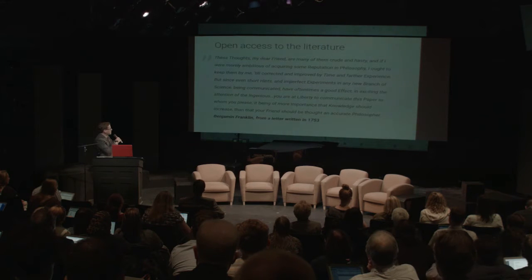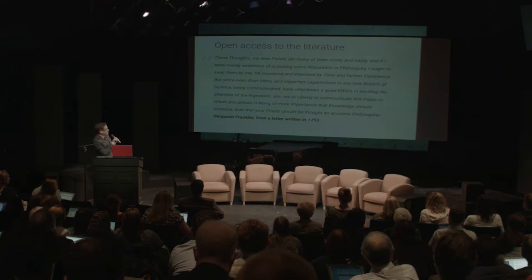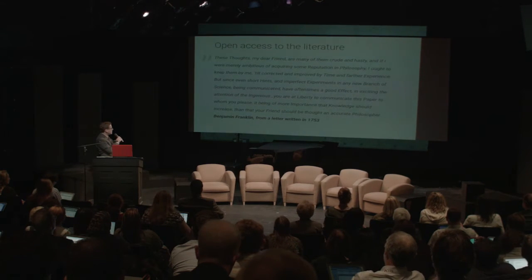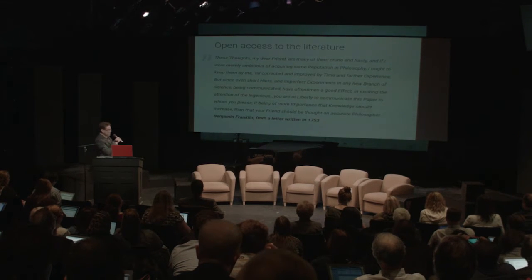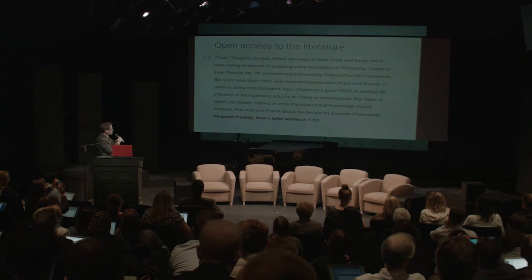But since even short hints and imperfect experiments in any new branch of science being communicated have oftentimes a good effect in exciting the attention of the ingenious, you are at liberty to communicate this paper to whom you please." There's the permission there. "It being of more importance that knowledge should increase than that your friend should be thought an accurate philosopher."